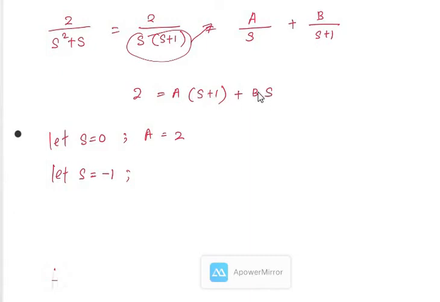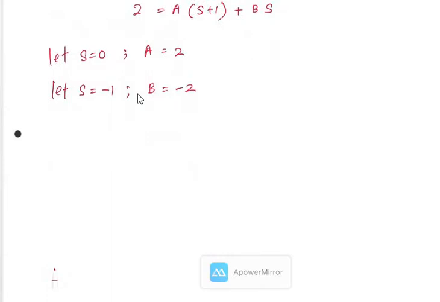So this one is minus B equal to 2, and B equal to minus 2. Okay, so I can substitute the value of A and B in the question. So the inverse Laplace transform of 2 over s squared plus s will be equivalent to the inverse Laplace transform of 2 over s minus 2 over s plus 1.